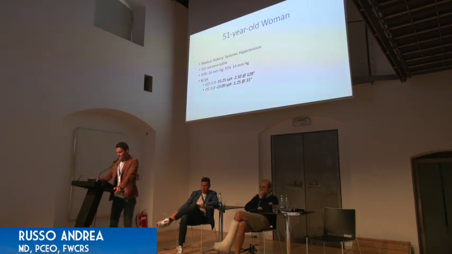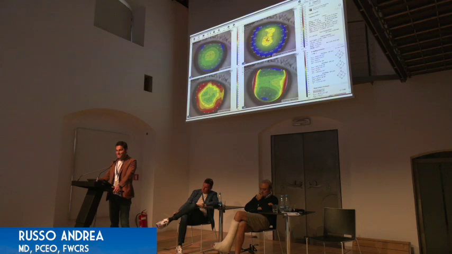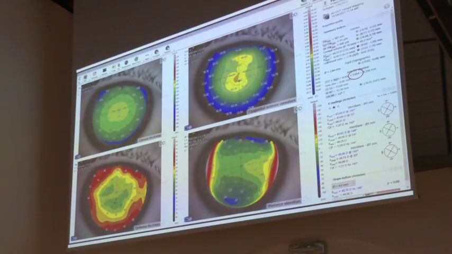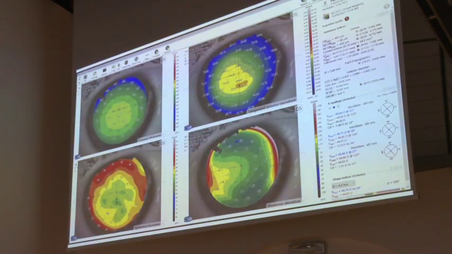She is a 51 years old woman. The ocular history was perfect, the anterior segment unremarkable, and she was highly myopic, minus 13 diopters of myopia with some astigmatism. These were the corneal maps. The anterior chamber depth was 3 millimeters in this left eye, and also in the other eye the anterior chamber depth was 3 millimeters.